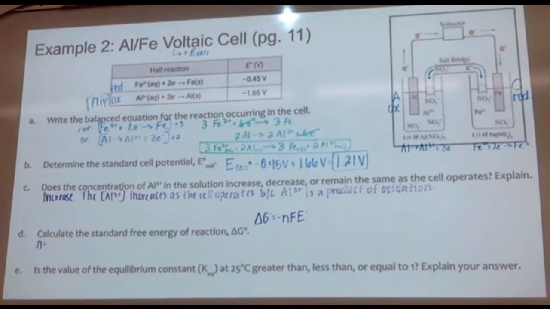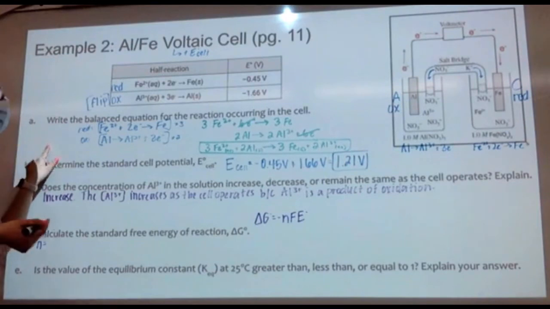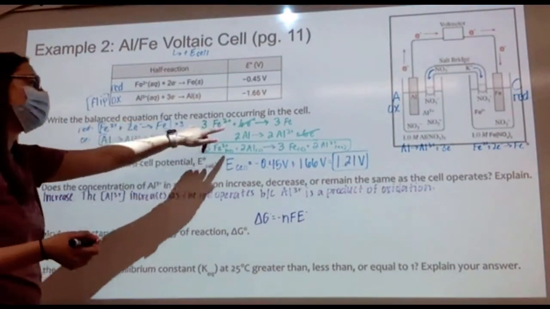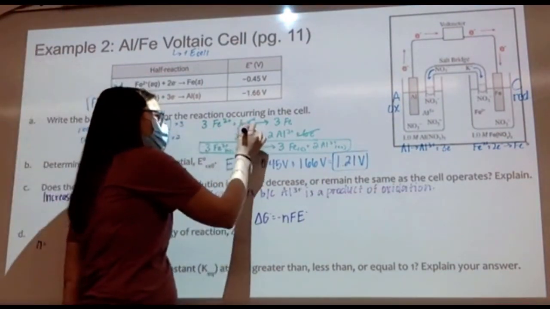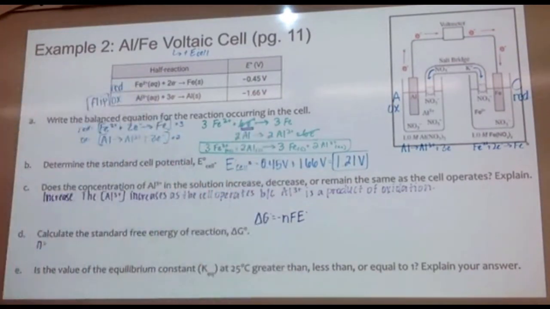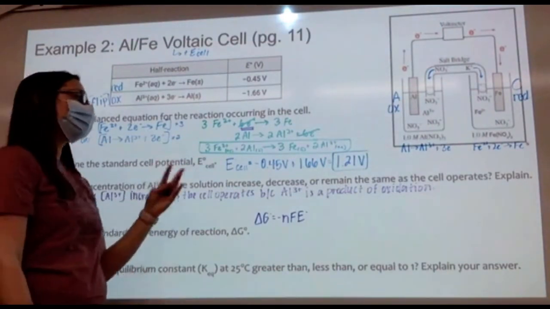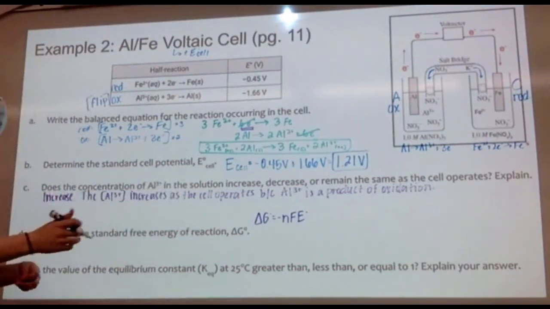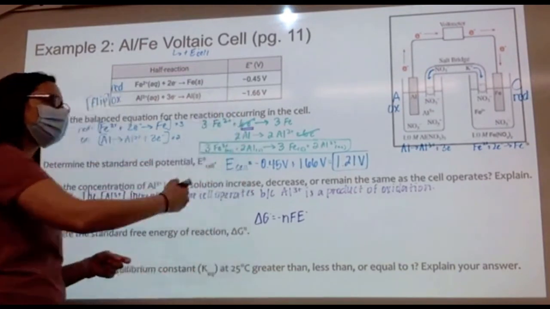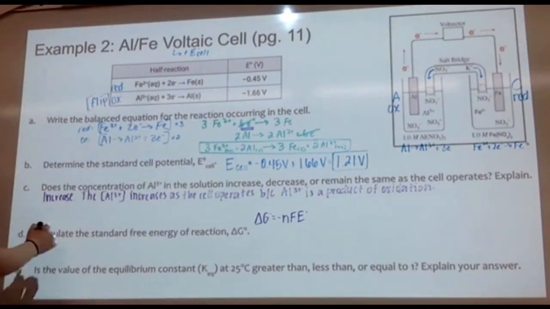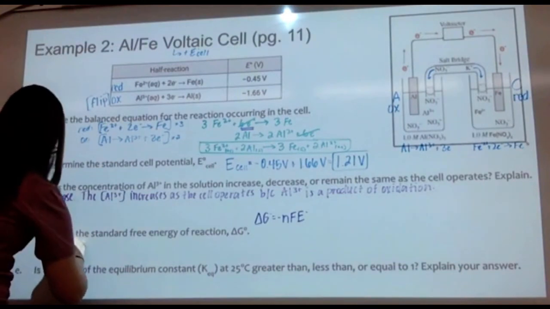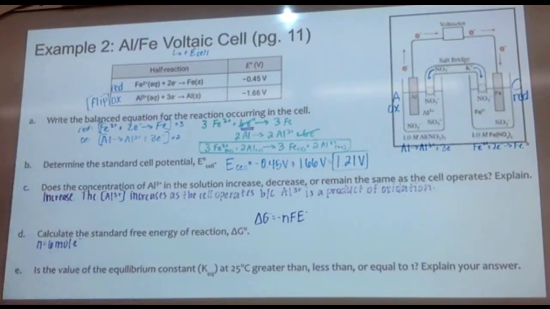It is your number of electrons that you canceled out. So up here in part A, we made both of the electrons equal 6. That is our number of electrons transferred. N is 6. We don't add them together, it's just your number of electrons that were canceled out. 6 electrons were gained and lost. So N is 6 moles of electrons.